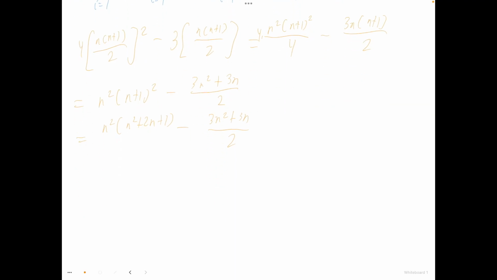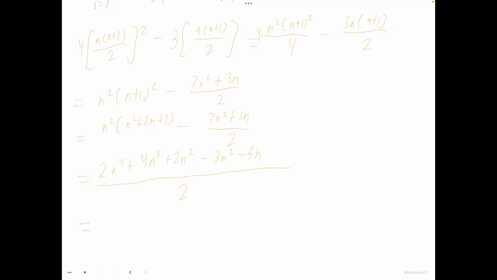Now we want to get a common denominator. So we're going to have to multiply the first thing by 2 to get a common denominator of 2. So we're going to have 2n to the 4th plus 4n cubed plus 2n squared, multiplying that out and multiplying by 2, minus 3n squared minus 3n, distributing the negative, all divided by 2.